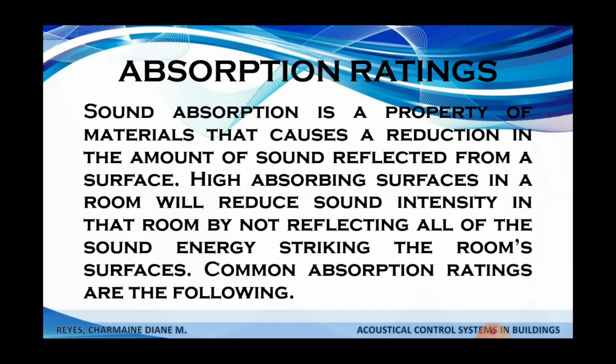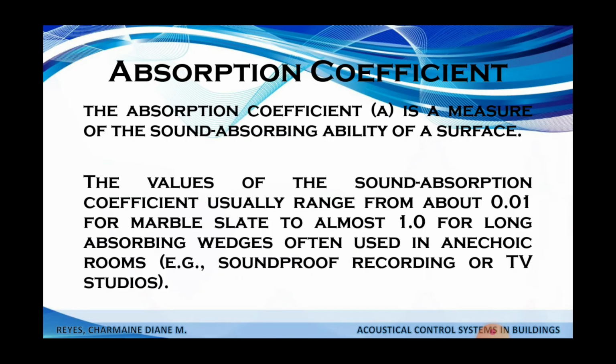So, common absorption ratings are the following. Absorption coefficient. The absorption coefficient is a measure of the sound absorbing ability of a surface. So, absorption coefficient determines how far into a material light of a particular wavelength can penetrate before it is absorbed.